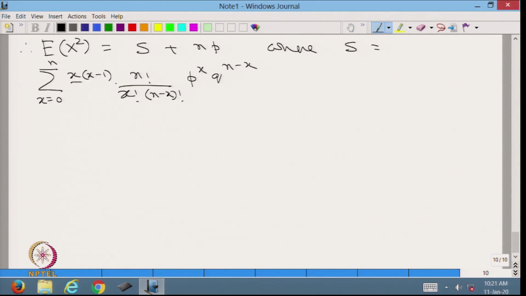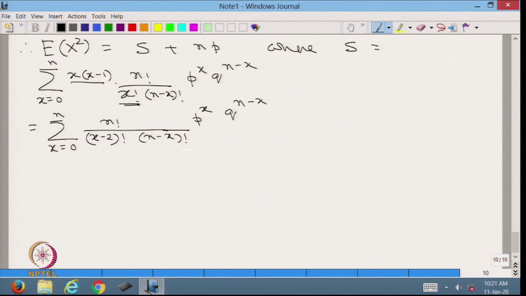Now, we cancel x into (x minus 1) with factorial x. So, two terms will be cancelled. What we are left with is sigma x equals 0 to n of n factorial over (x minus 2) factorial (n minus x) factorial, p to the power x q to the power n minus x.